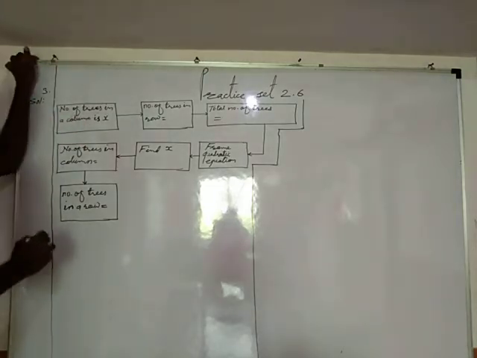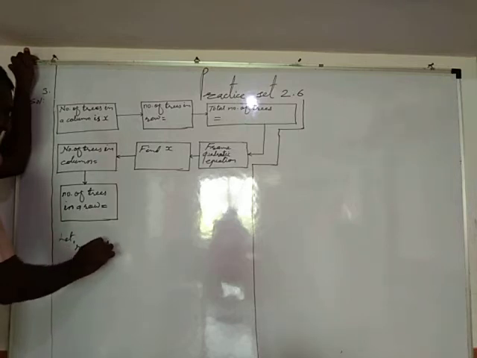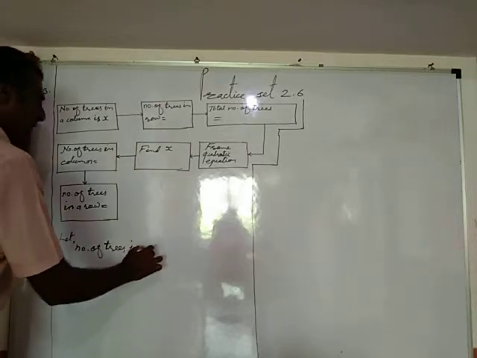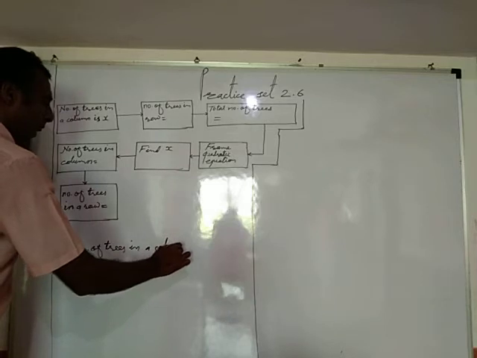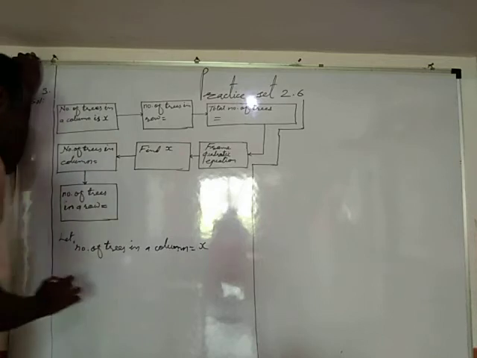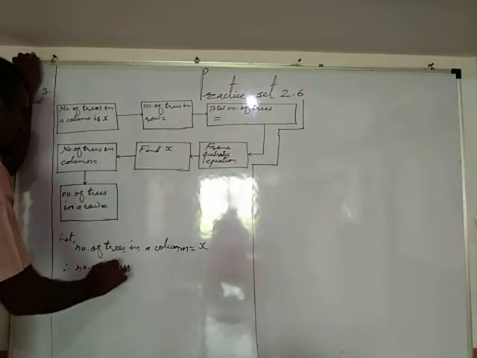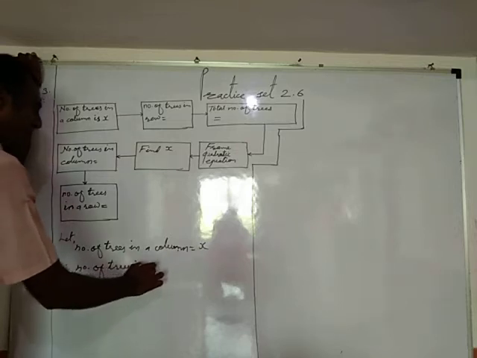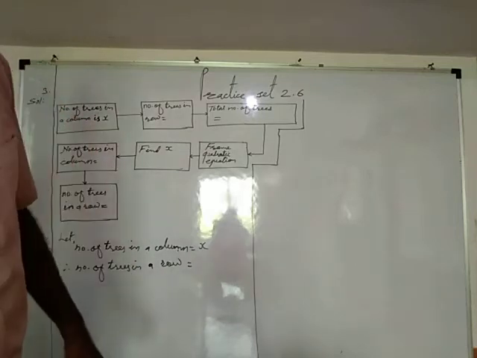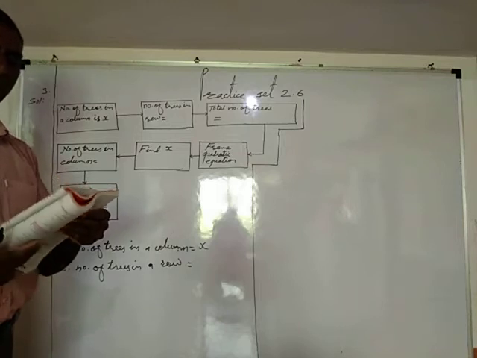Okay, let's write here, let number of trees in a column equal to x, and therefore number of trees in a row equals, according to the given information, in the orange garden of Mr. Madhusudan there are 150 orange trees.